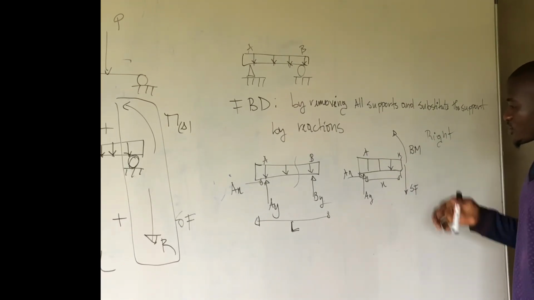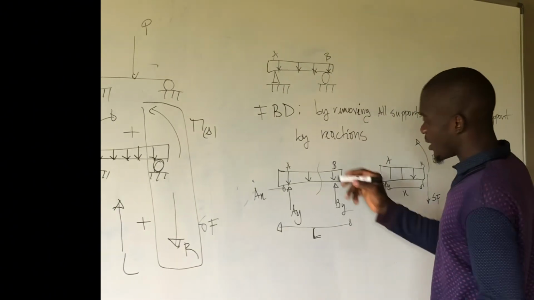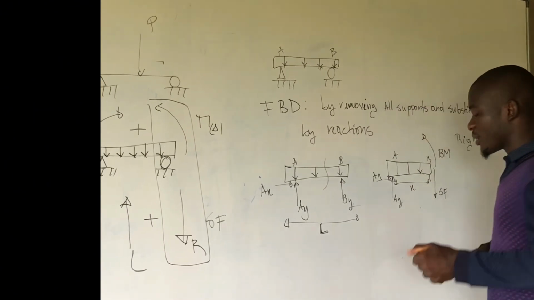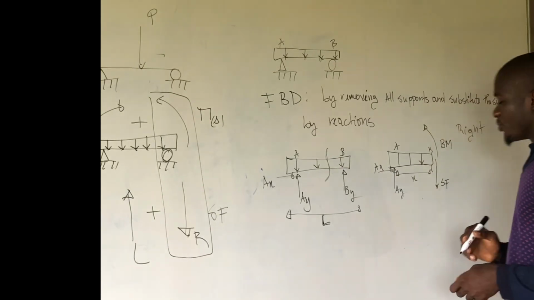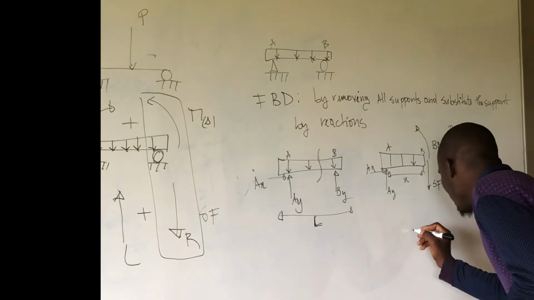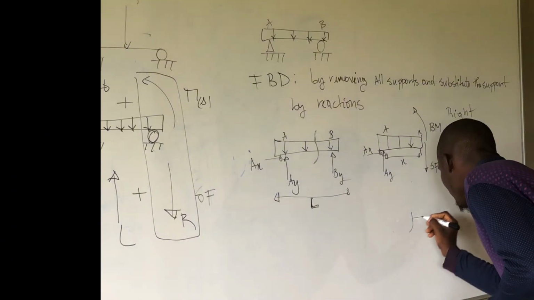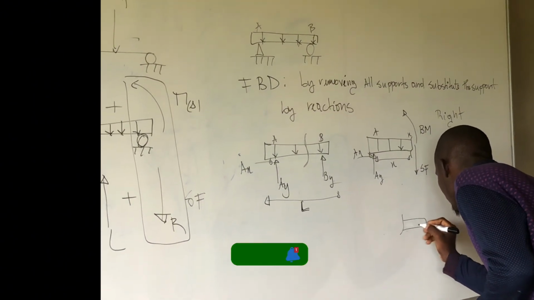So if we make now a cut at our left, we will have this. How is it going to appear? That's how it's going to look like. So you have this.